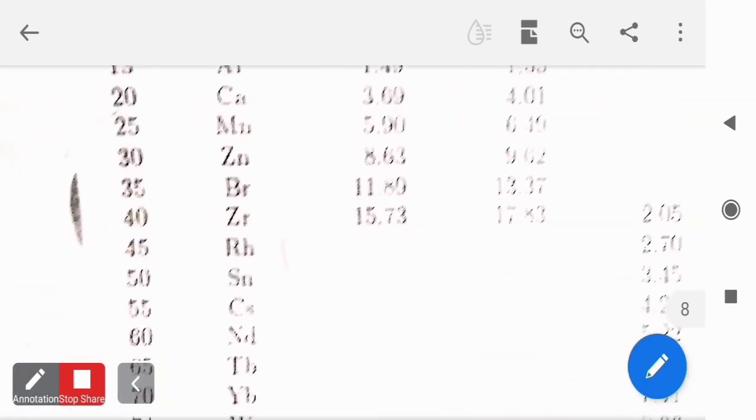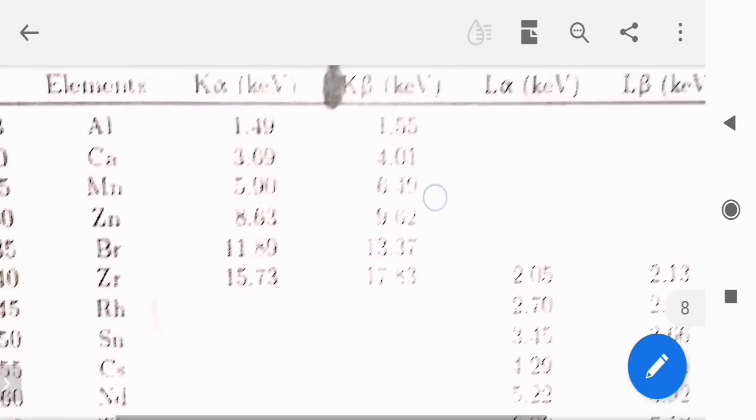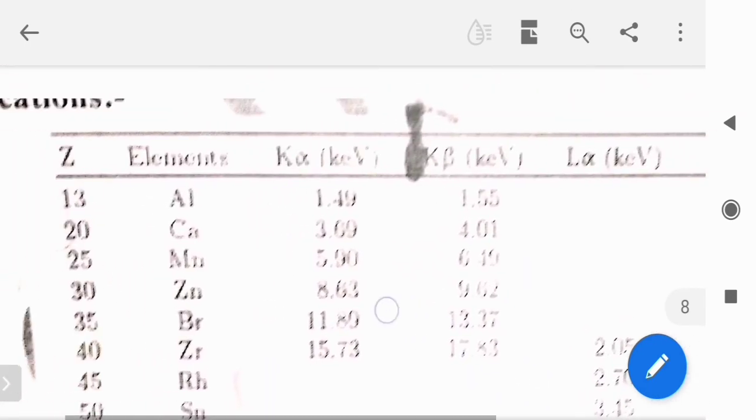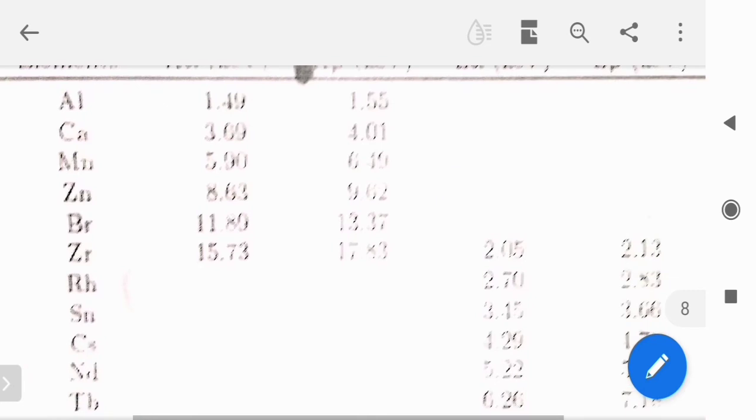Some of the heavier elements will show the voltage in the range of 2 or 3 or 4 kilo electron volt, but this voltage also lies for the K alpha line of some lighter elements. So there might be some confusion about which peak corresponds to the particular element.